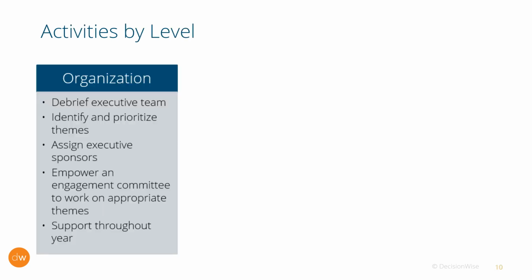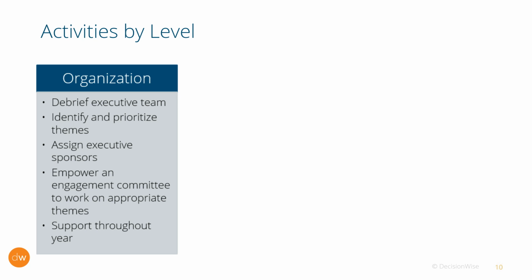So if we're talking about the organization, here is what we're trying to do. We're trying to get the executive team to identify and really prioritize the themes or topics. We want some ownership from different sponsors. We don't want the entire executive team to own every action item, but we want to put some people in charge of some of the things that we want to focus on, whether that be, again, communication or growth opportunities.